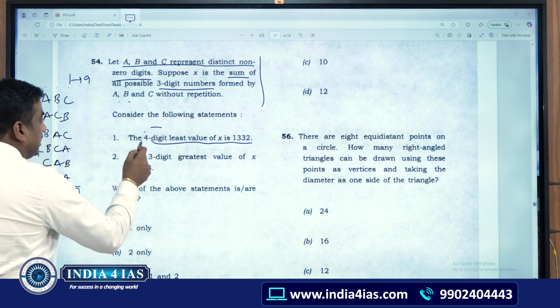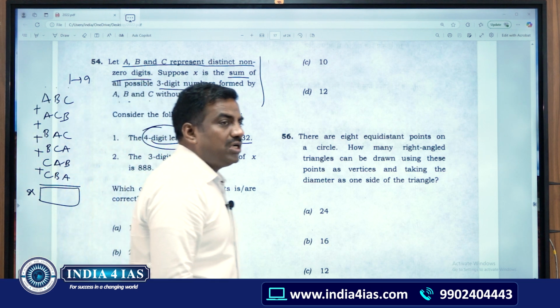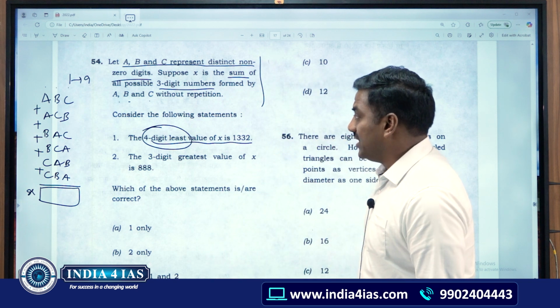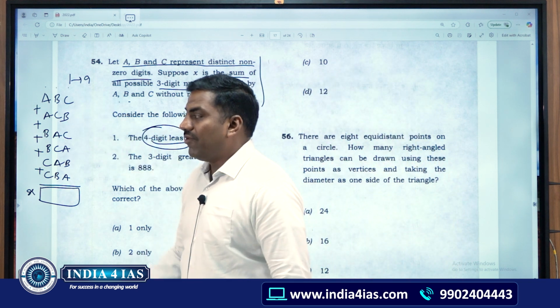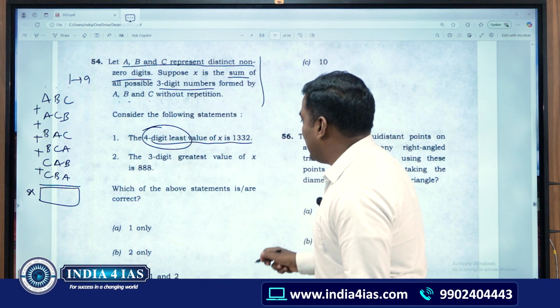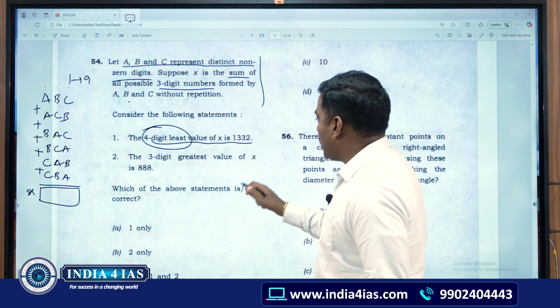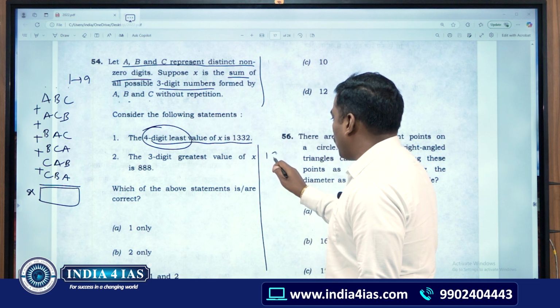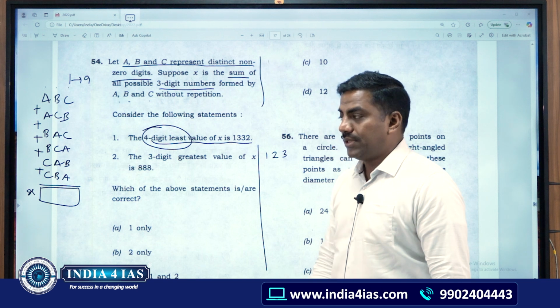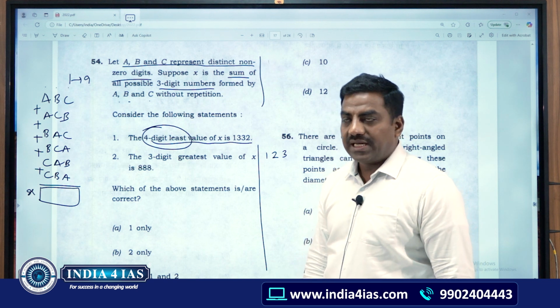Now, they are asking for the 4-digit least value. 4-digit least means we have to look for the least values of ABC. When I take the least values of ABC from 1 to 9, I will look for 1, 2, 3. These are the least single-digit numbers that I have.